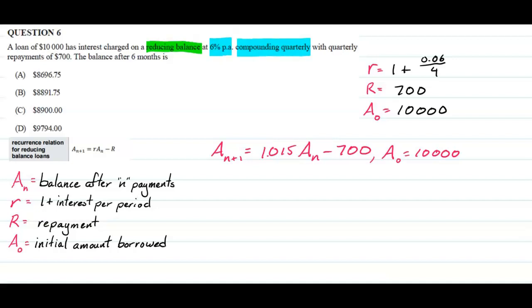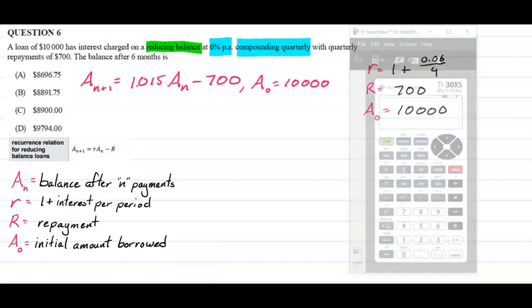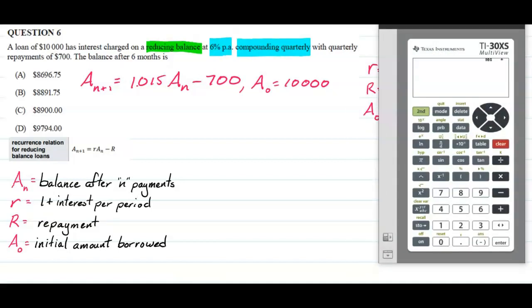Now, there's a really quick way to do this on our calculator, guys, and I'll show you right now. Let me just move this statement up here so I can read it later. On our calculator, we're going to start with how much we borrowed from the bank. So we're going to put in $10,000 and we're going to hit enter. Now, what I'm doing to this initial value is I need to multiply it by 1.015.